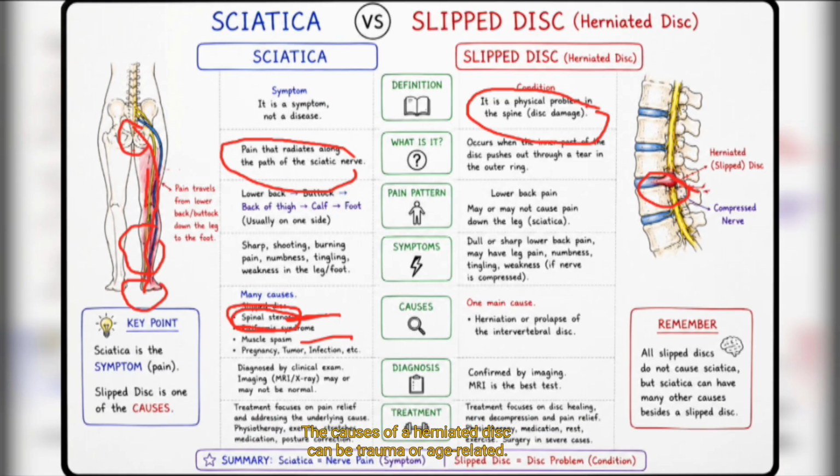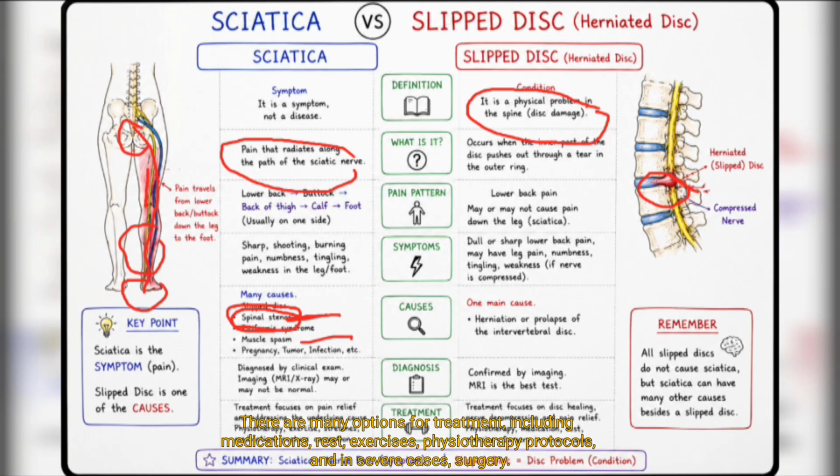The cause of a herniated disc may be trauma or may be age related. The diagnosis is confirmed by imaging; MRI is the best test for diagnosing a slip disc, and treatment focuses on disc healing, decompression and pain relief.